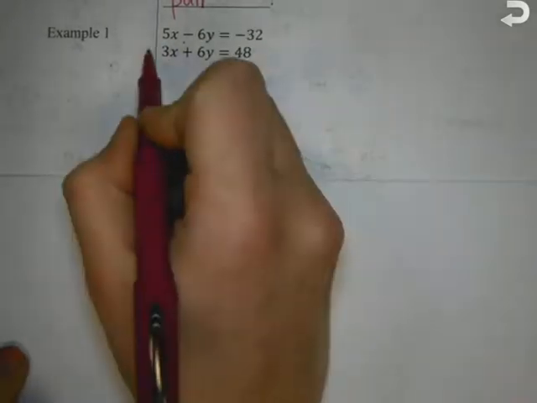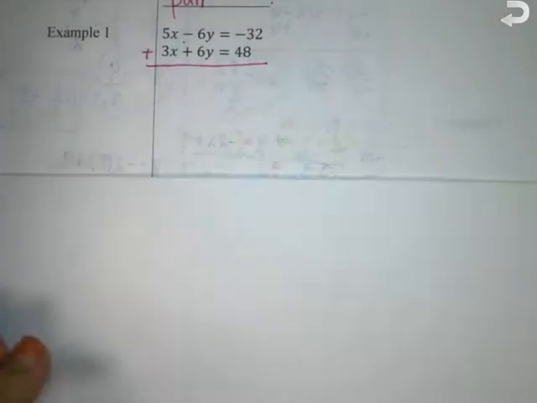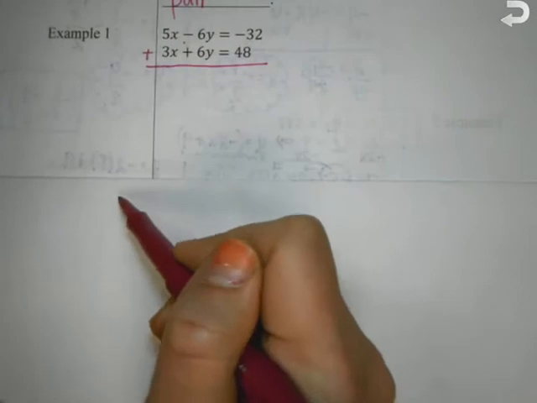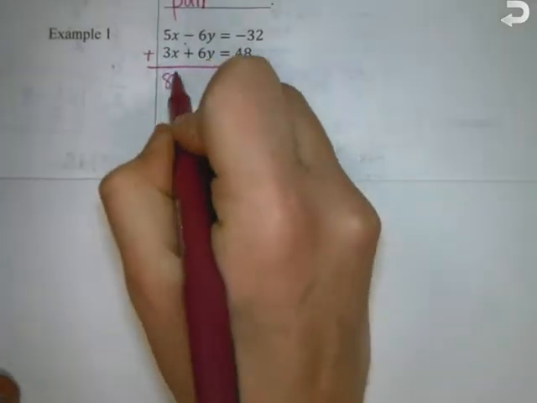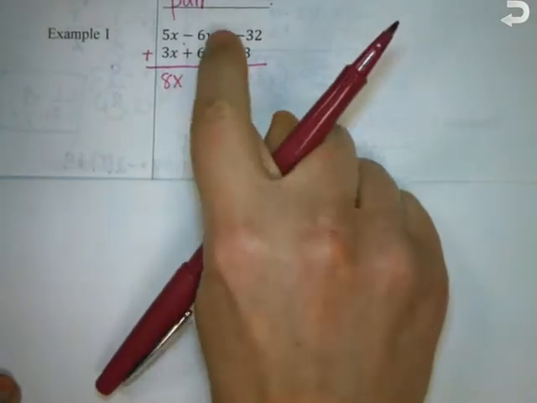So step 3, we want to add the equations. So add the 2 equations together, and we're going to add them straight down. So what is 5x plus 3x? 8x. Negative 6y plus 6y. Those are going to cancel. So don't write anything.